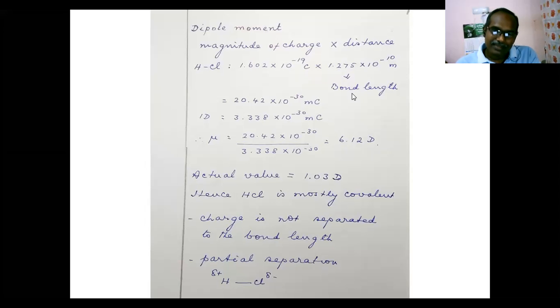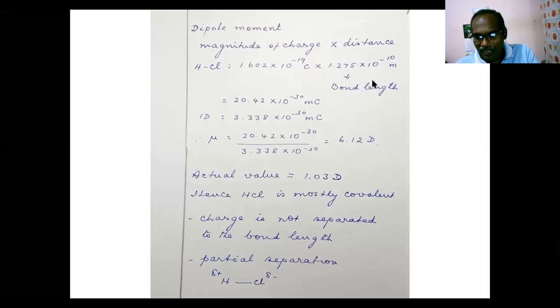Now the bond length for the hydrogen and chlorine bond is 1.275 into 10 power minus 10 meter. Therefore, the dipole moment is the magnitude of charge multiplied by the distance between the charges. In this case, I am multiplying the magnitude of the charge, 1.602 into 10 power minus 19 coulomb, by 1.275 into 10 power minus 10 meter.